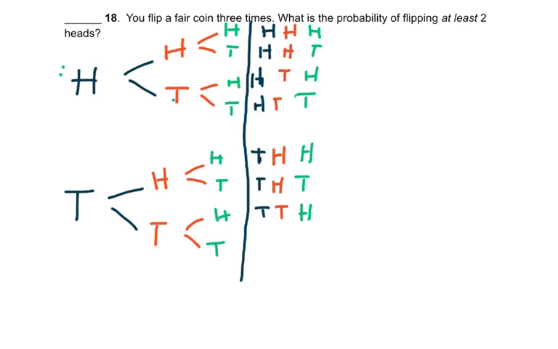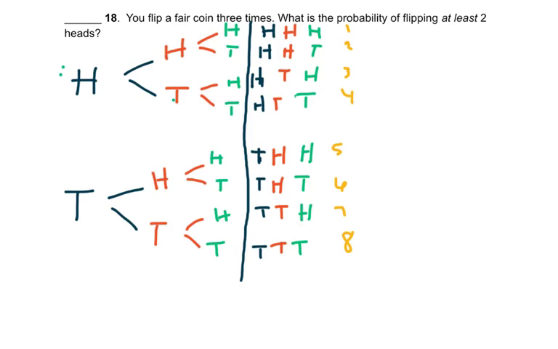And the final option is tails the first time, tails the second time, and tails the third time. So as you can see, we have 8 options, or 8 different outcomes when flipping a coin 3 times.